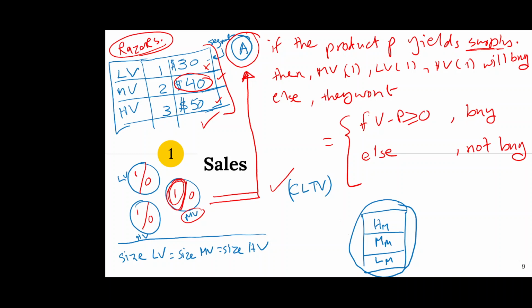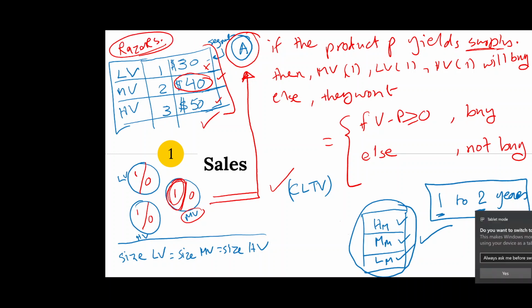So if the product is usually good for 1 to 2 years, and they are equally likely, either high value, medium value, or low value, equally likely to buy the product in 1 or 2 years, again, to renew their razors in 1 or 2 years, then this is the frequency rule, or the purchasing behavior, frequency of purchasing behavior that could describe all 3 segments.